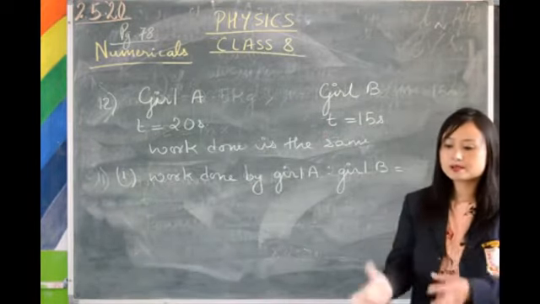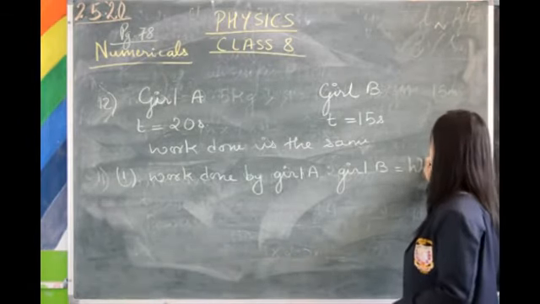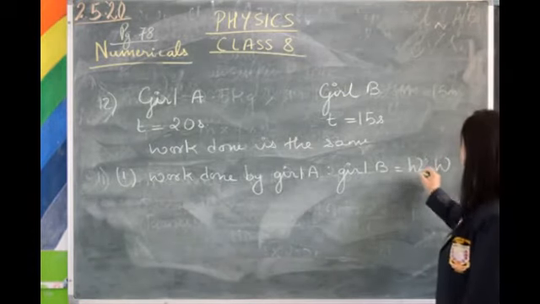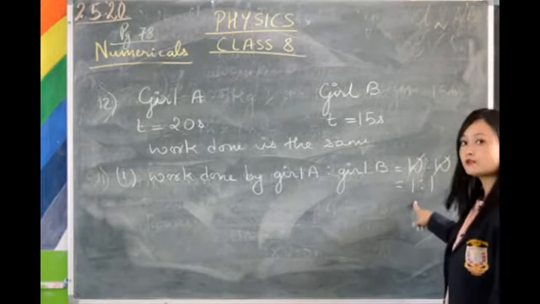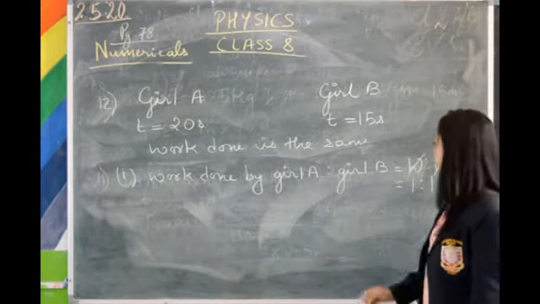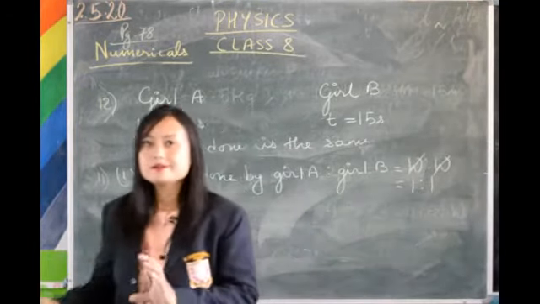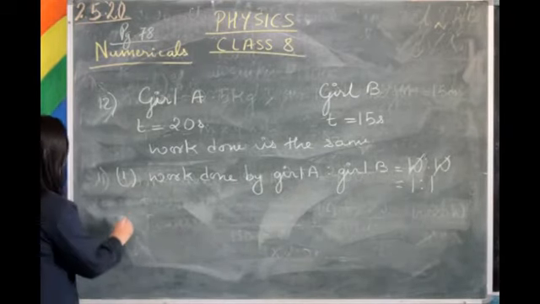Every time there is comparison, it means we are finding the ratios. So let's assume the work done to be W and W. They cancel each other, so what are we left with? 1:1. That means the work done by girl A and the work done by girl B are the same. That's why we take the ratio as 1:1.